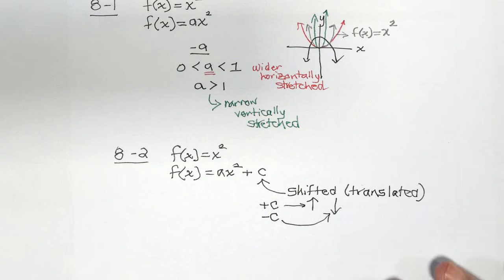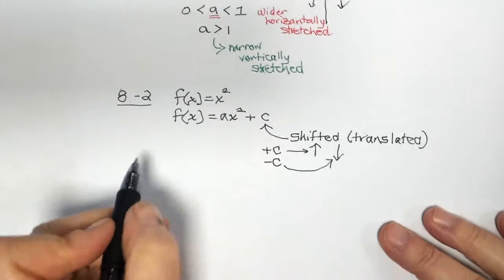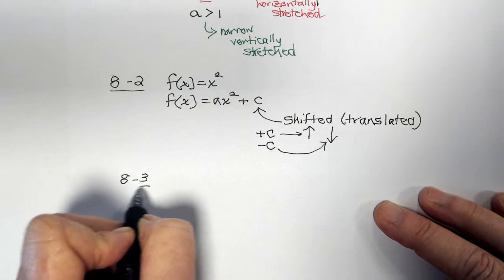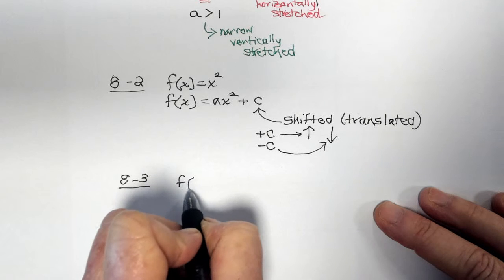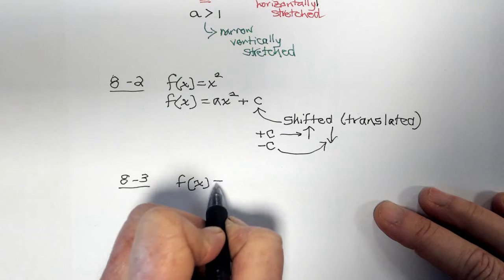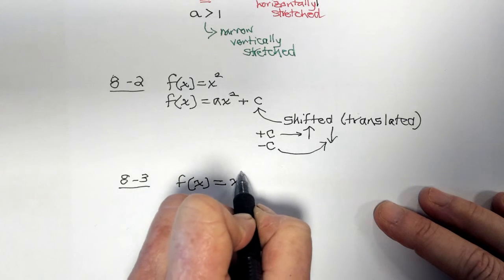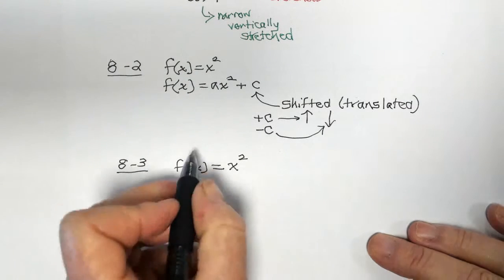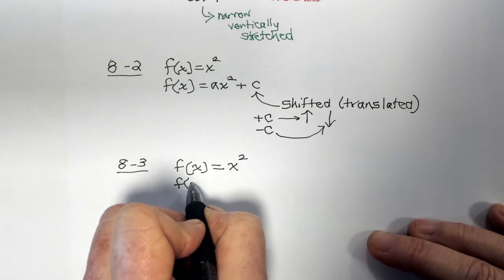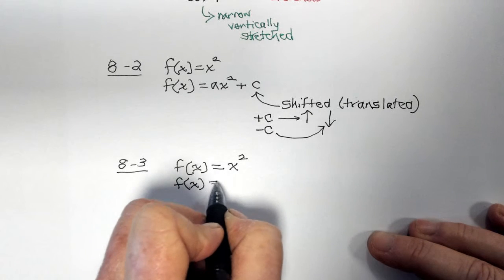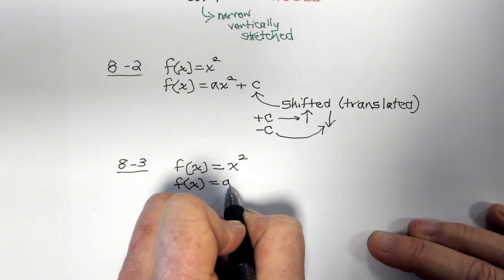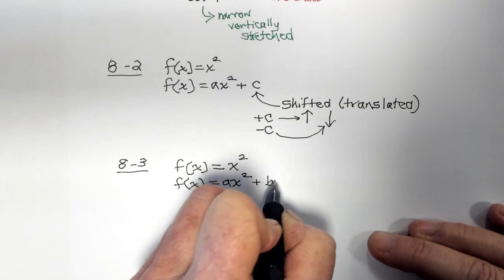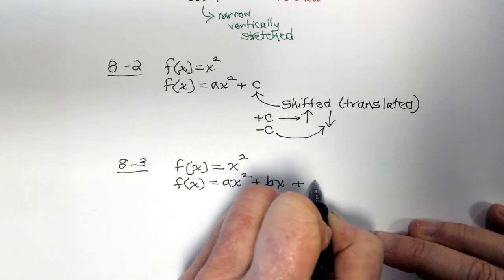Now let's look at what we're doing in lesson 8-3. In 8-3, we are still going to have my parent function of f of x is equal to x squared. But now we are going to layer on the complexity so that f of x is now going to be ax squared plus bx plus c.